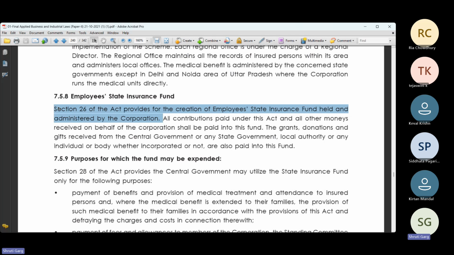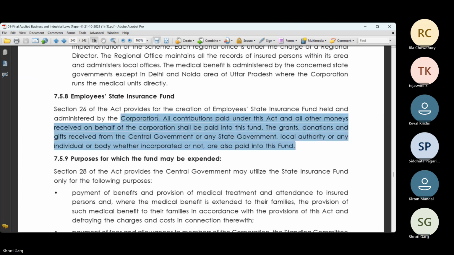The grants, donations, and gifts from the central government or any state government, local authority, or any individual or body, whether incorporated or not, are also paid into this fund.